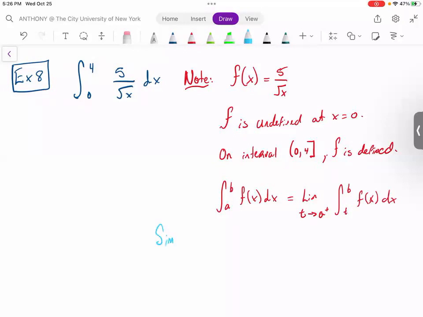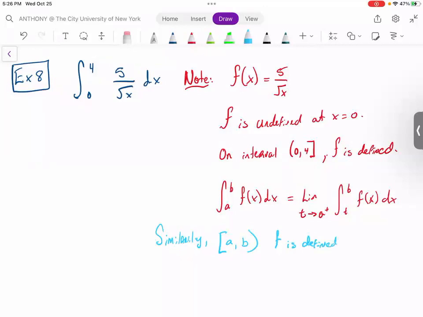Similarly, if you have a half open interval where you're including the left endpoint but not the right endpoint, and your function is defined on it. So I wrote this backward.